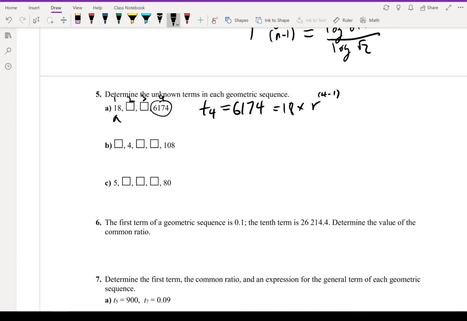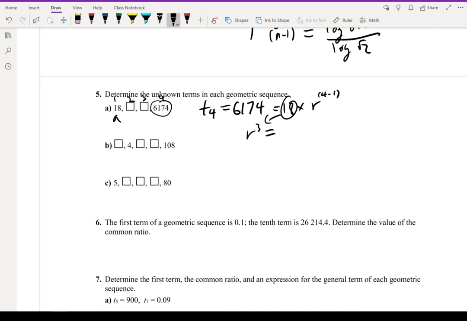I'm just putting this into the general form, and then to find r, this is what we want. We want to find r. And then I'm going to divide both sides by, bring the 18 down to the bottom. So r to the power of 4 minus 1, which is 3, is equal to 6,174 divided by 18, which is not a nice number.